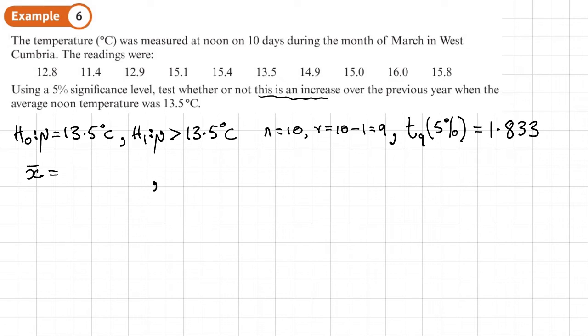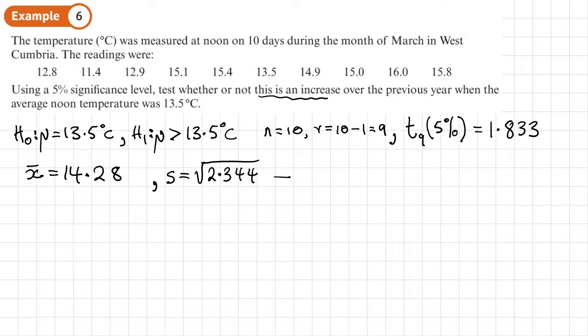Now we're going to work out the sample mean and the standard deviation for the sample using our calculators. Right, so the sample mean is 14.28 and the sample variance is some long number, so I know it's going to be the square root of the sample variance, which is 2.344. That's an easier number to deal with.